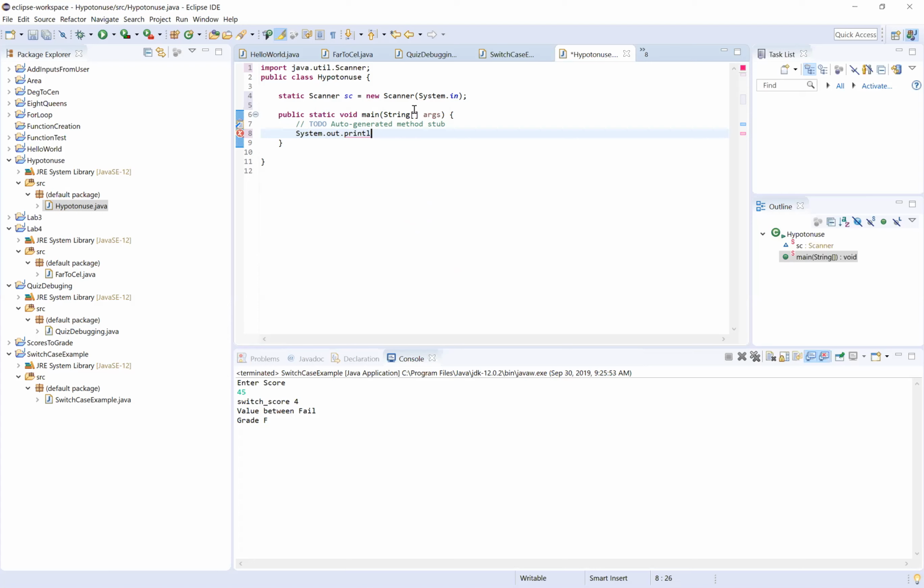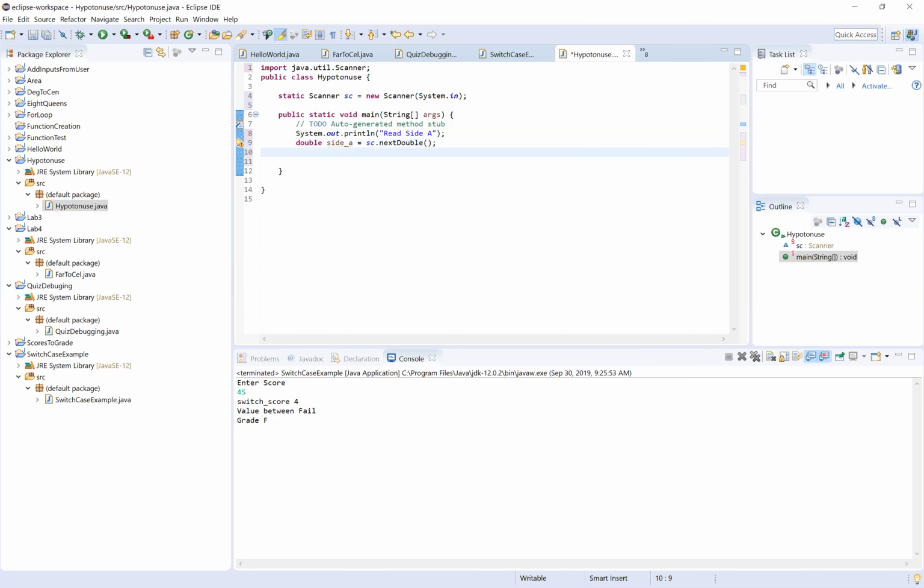So let's say System.out.println, read side A. So let's read side A, which is a double because you can have any value. Side A is equal to SC, which is your input, next double.